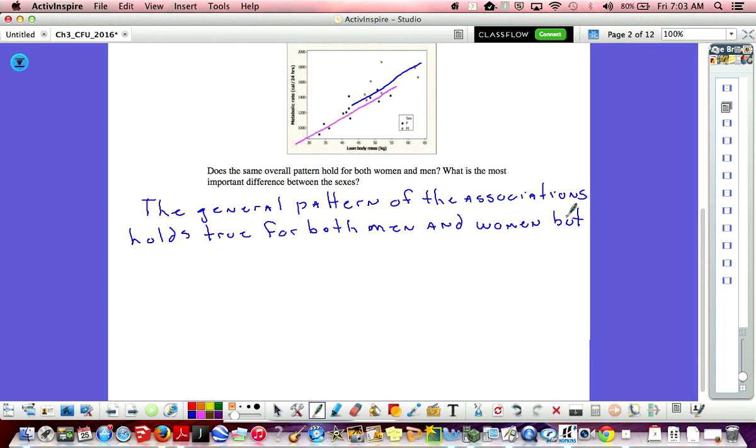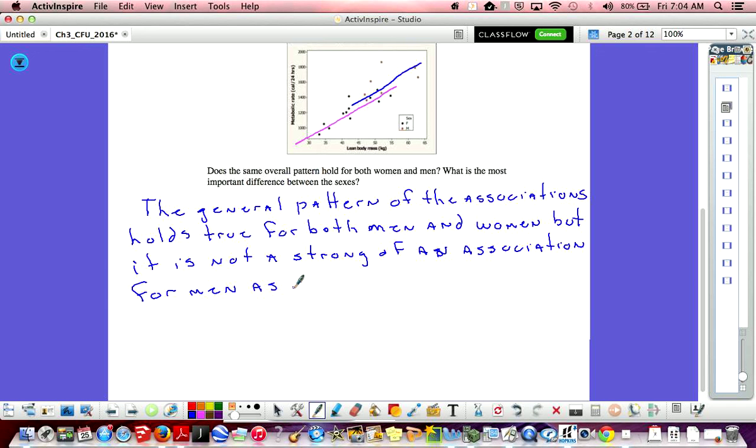But it is not as strong of an association for men as it is for women.